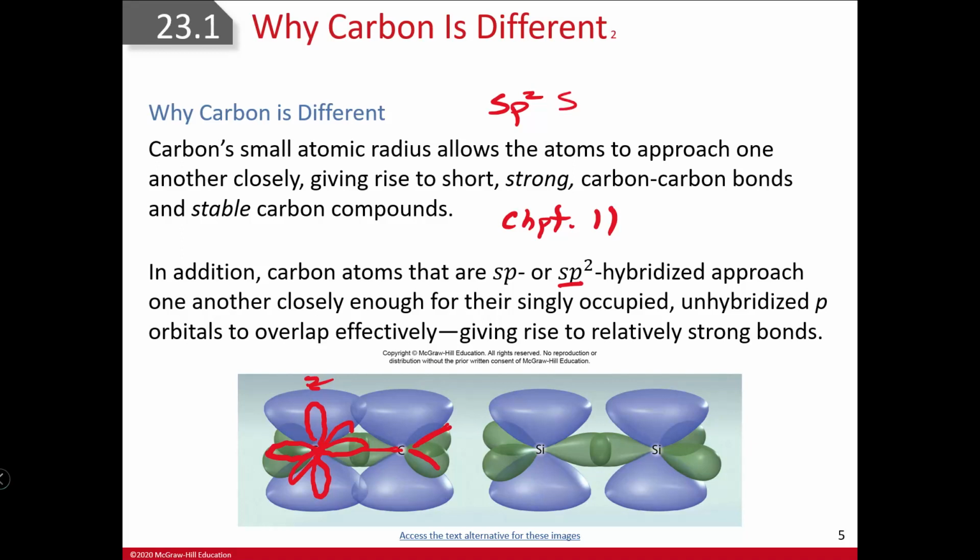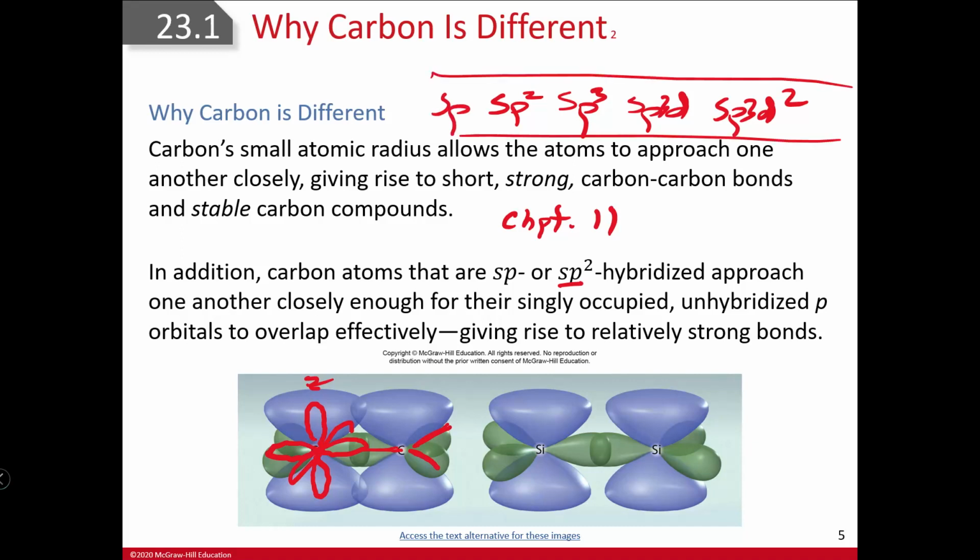If it's sp3, the electron domain is going to be tetrahedral. If it's sp3d, it's trigonal bipyramidal, and if it's sp3d2, then we have octahedral type electron domain geometry. So if this is all new to you, if you have sp and linear, if you haven't had this before, you're going to have to read that section in chapter 11 to understand hybridization.